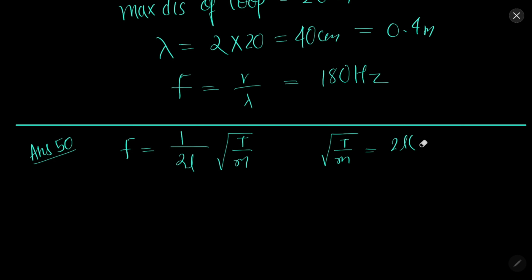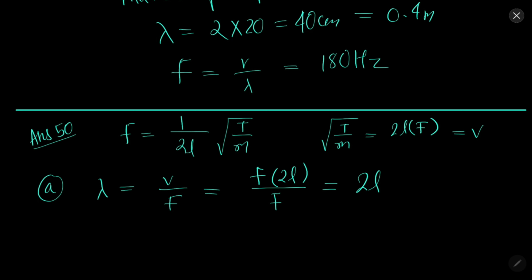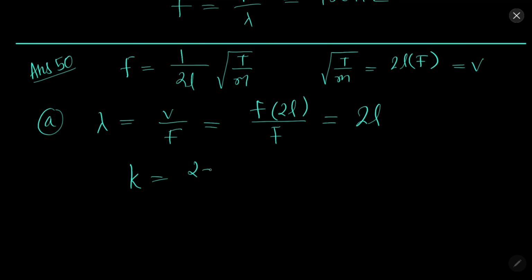Let me write this F. So first part, wavelength equal to velocity over frequency, and root T by M is our velocity. So root T by M, that is frequency into 2L, over frequency. So we will obtain 2L.